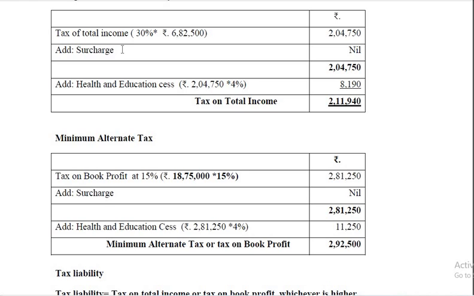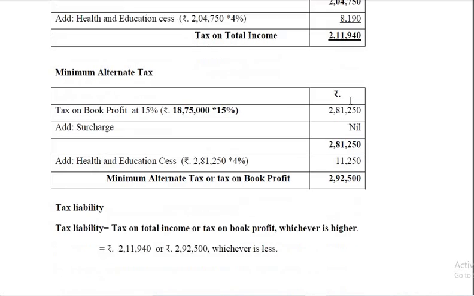Next, health and education cess, that is 4% of the total of tax on total income plus surcharge. So that comes to 8,190. That's at the rate of 4%. So if you add health and education cess to the tax on total income, then that will come to 2,11,940.